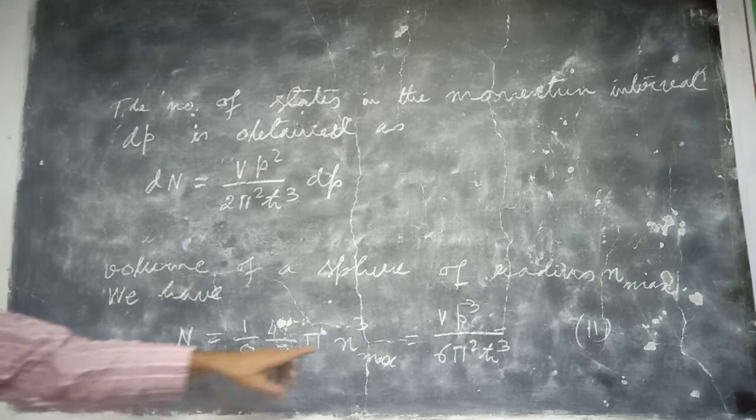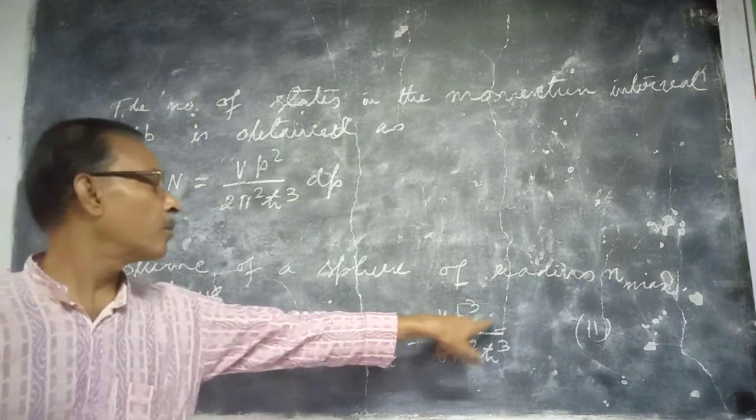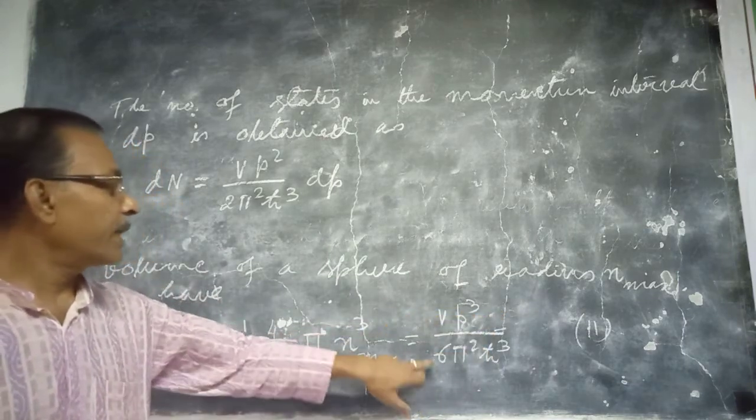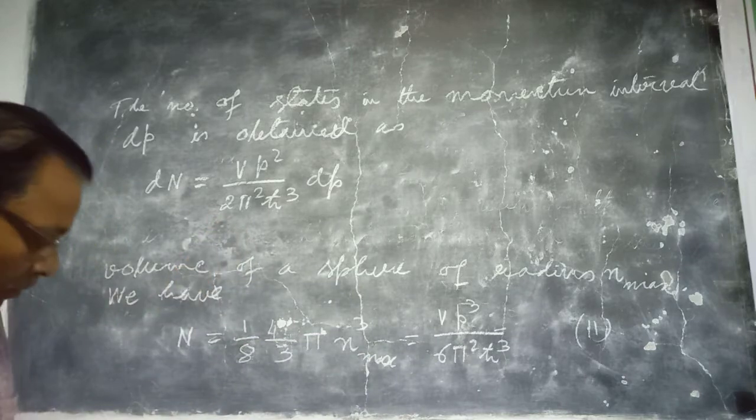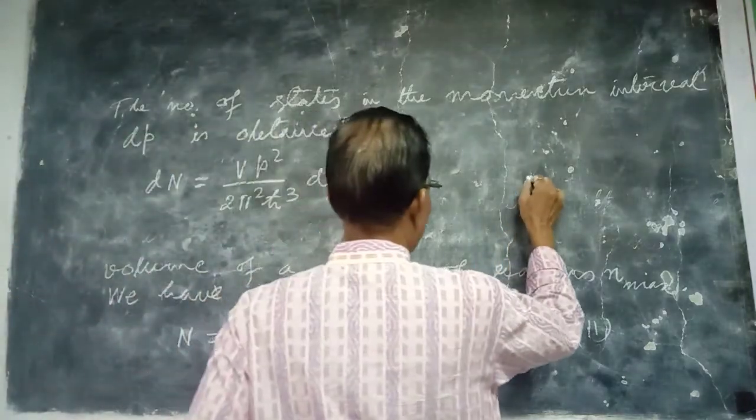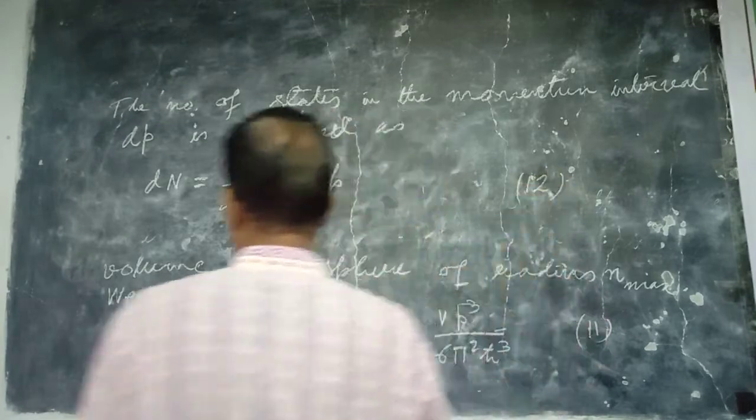We differentiate it: this is 3 p square dp, the 3 will cancel with this, and the 2 will come here.